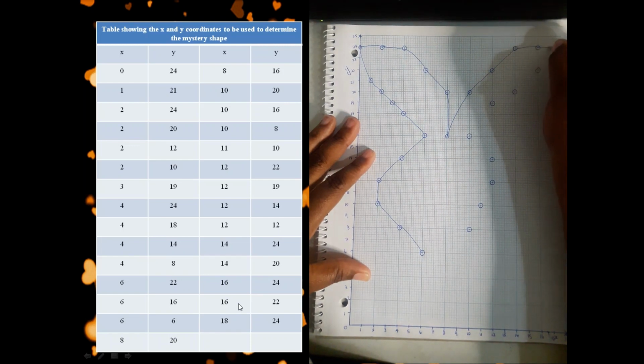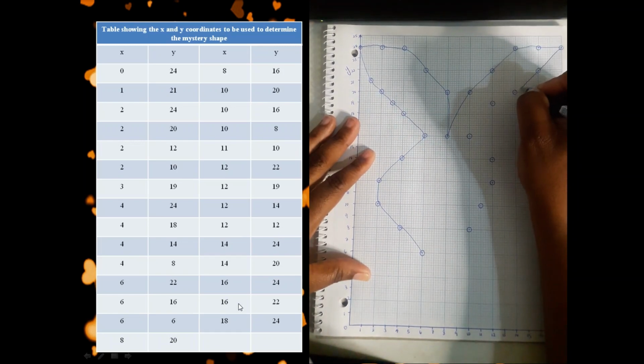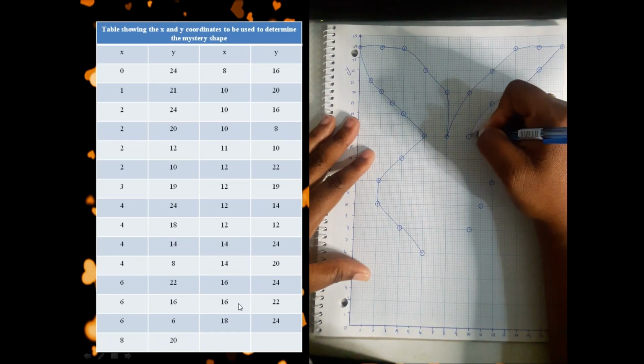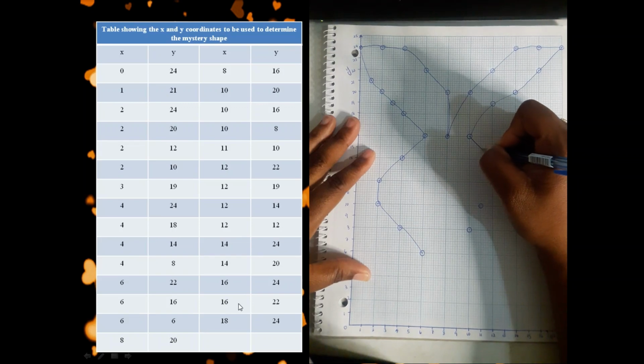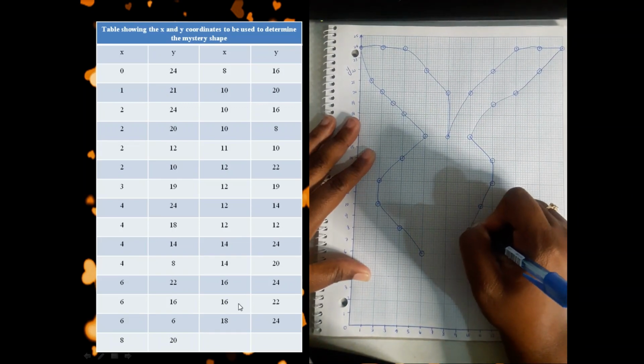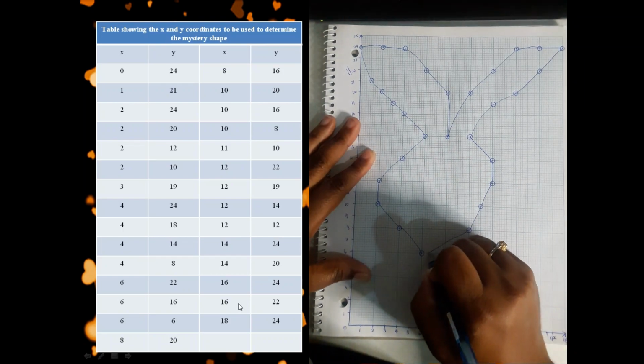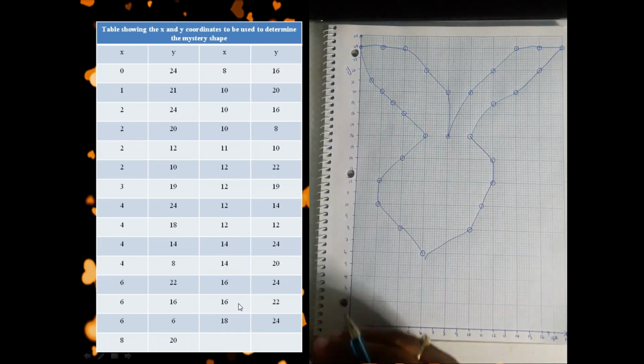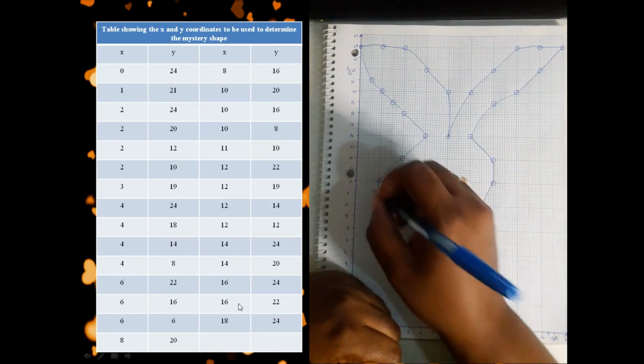Do you see what it is? Isn't this cool? I hope while you're doing this along with me, you're having all the fun that I'm having. So the mystery shape looks like a rabbit.